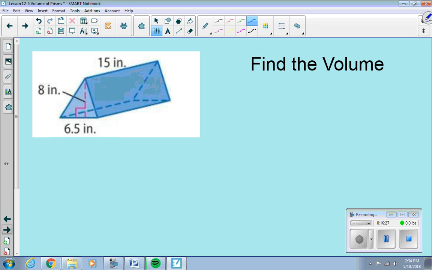Okay, so big B times your height. So, I'm guessing some of you are done or close to it. No. Do not screw everybody up. What's my base?